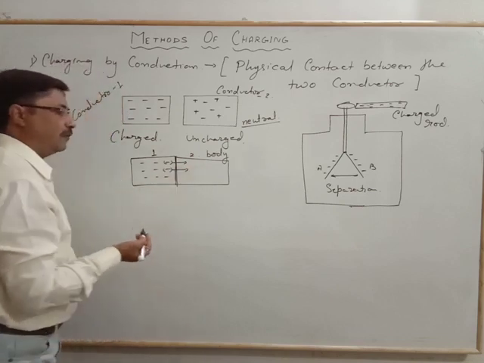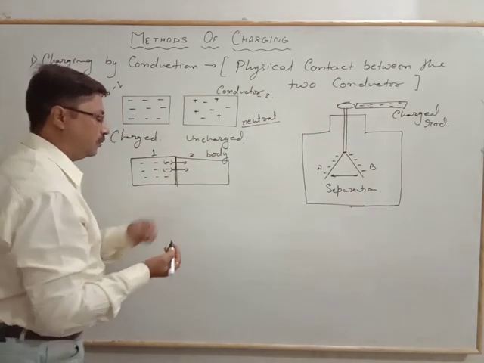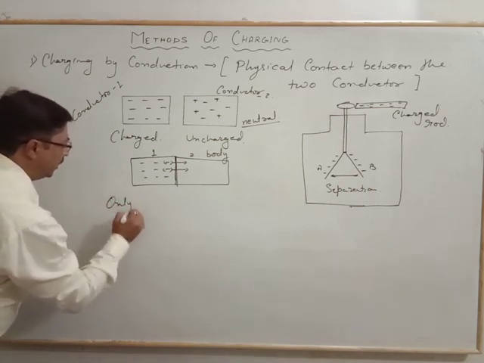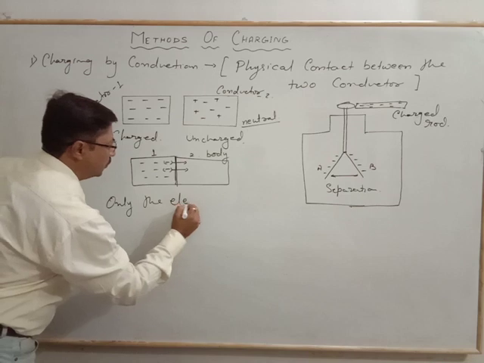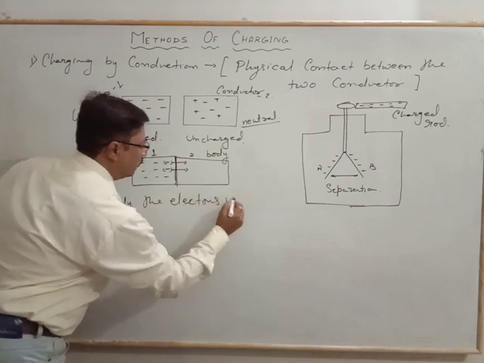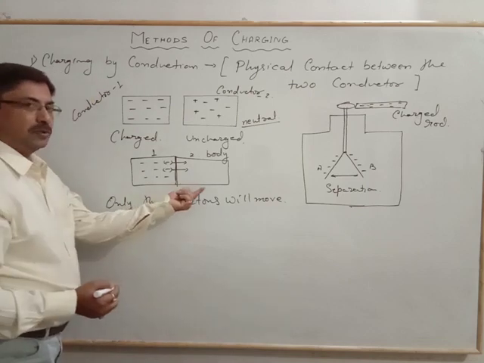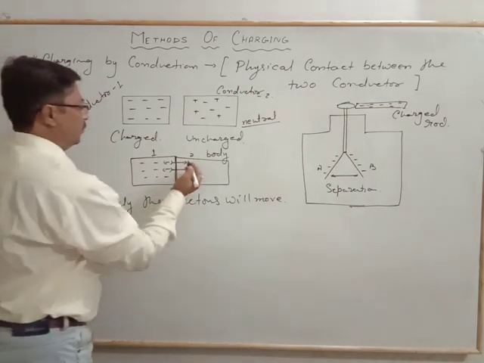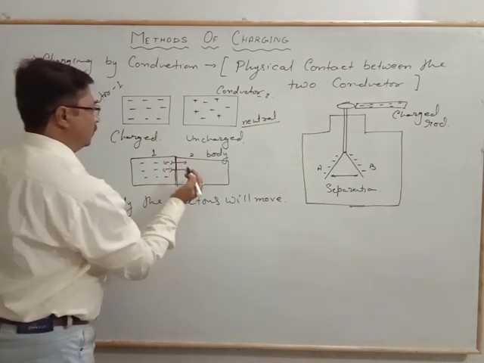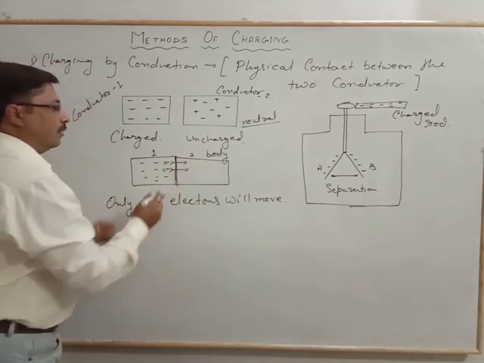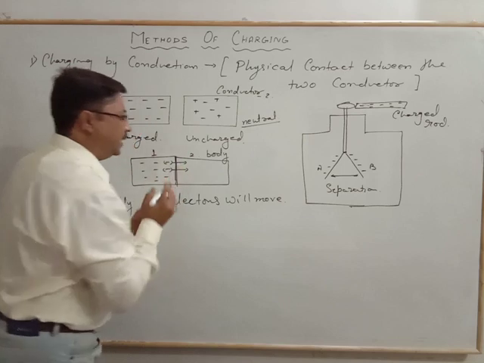We know it is the flow of electrons only. Only the electron will move. Positive charge will not move. So these electrons will move up to a certain limit.